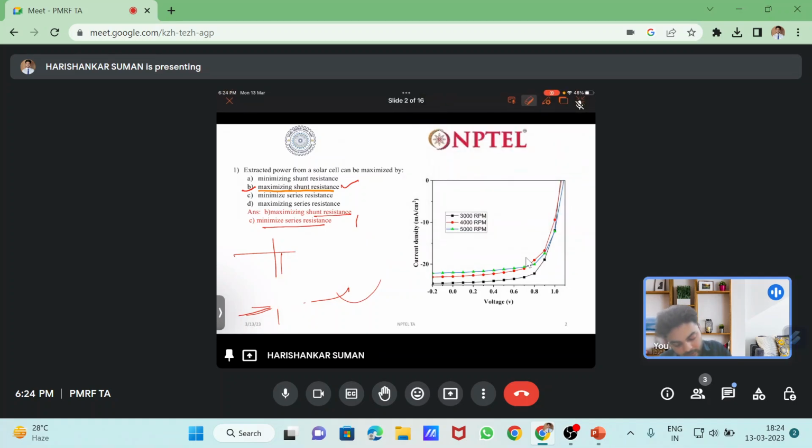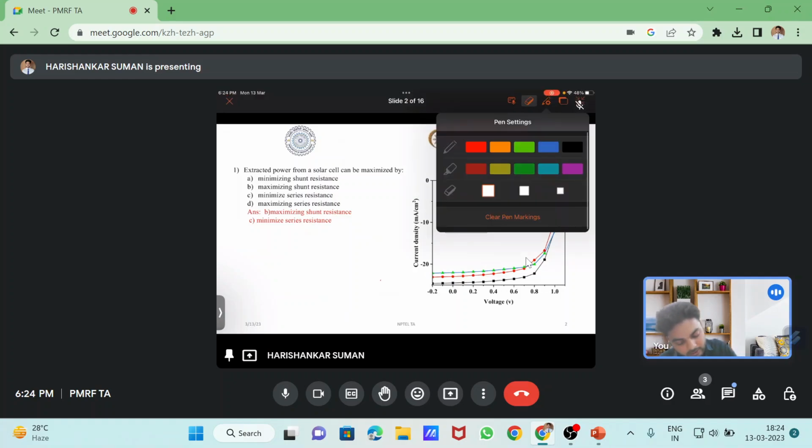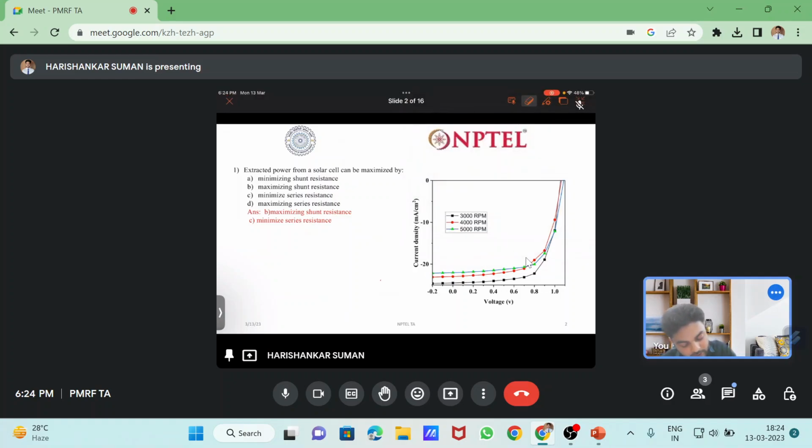This is a curve plotted by me experimentally. I made the device in the lab at IIT Kanpur. And sir, what is RPM? Let me explain spin coating. You know spin coating.